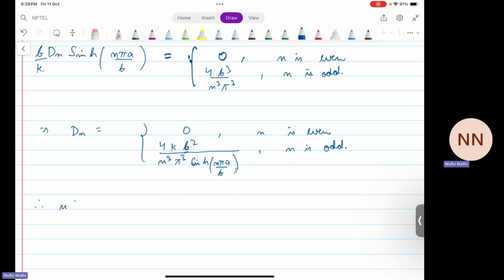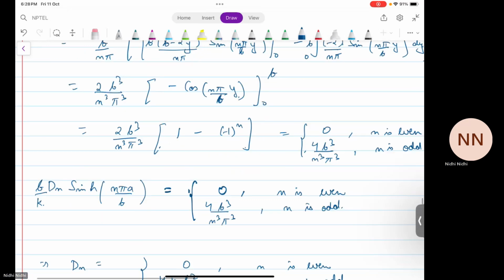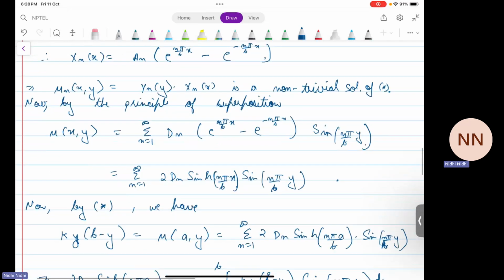Therefore, u(x,y) is equal to summation, or we can just replace n by 2n plus 1 because at all the even points it is 0. So I'll write it as d 2n plus 1. So what was the rest of the terms?